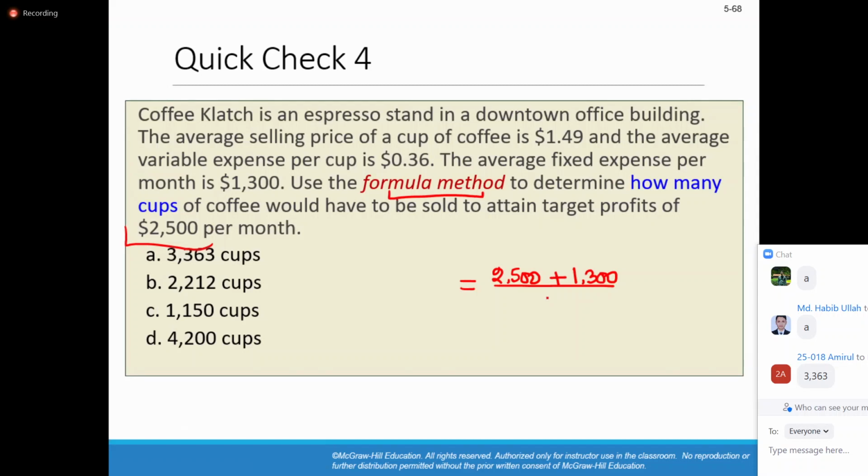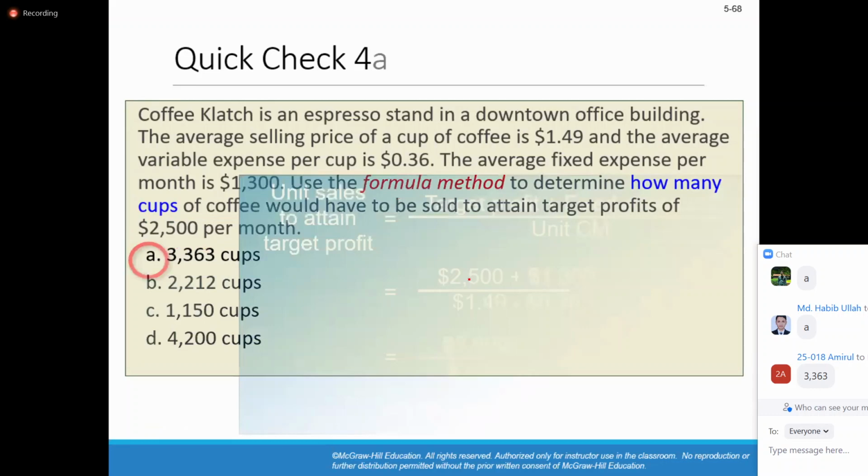If I'm not wrong, it is probably 0.758. It was an answer in a quick check, which is the difference between 1.49 and 0.36, sales price minus variable expense, divided by sales price 1.549. So I need to get this number, and that is the response to the question which has been asked here: how many cups of coffee they have to sell to attain a target profit of 2,500 per month.